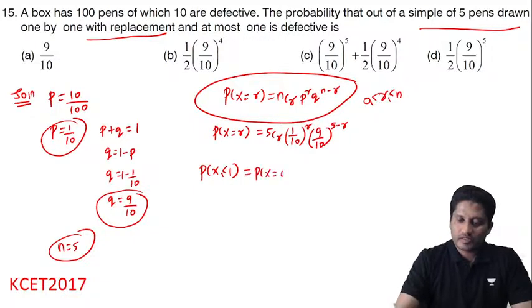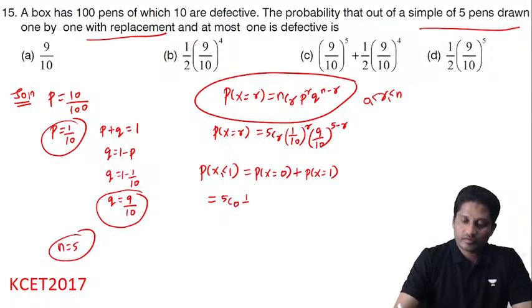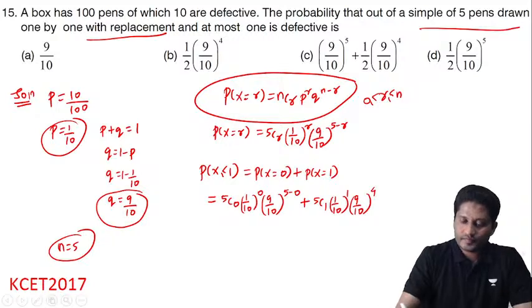So P of X equal to 0 plus P of X equal to 1. Now if I put 0, you get 5C0, 1 by 10 power 0, 9 by 10 whole power 5, and then this is 5C1, 1 by 10 power 1, 9 by 10 whole power 5 minus 1, which is 4.